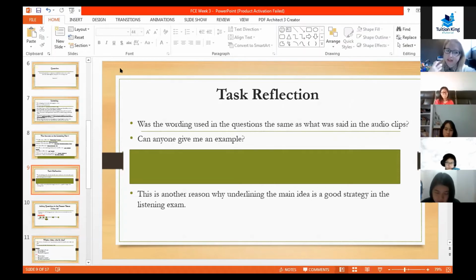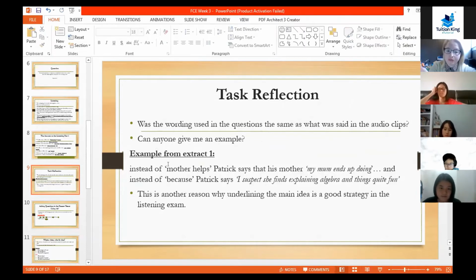And there are other ways in English, other wording that we can use, and this is very, very common in the listening, and this is something you have to be absolutely prepared for. You will not hear the same wording, and I'm going to show you an example here from the first one.